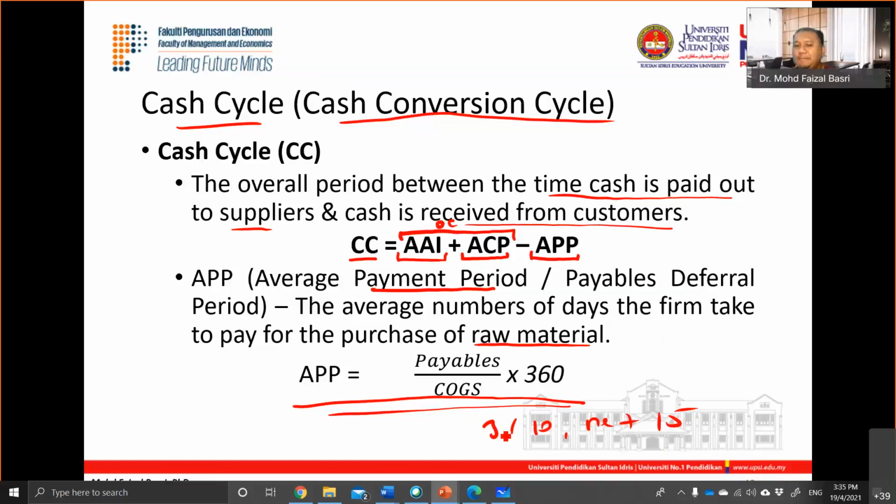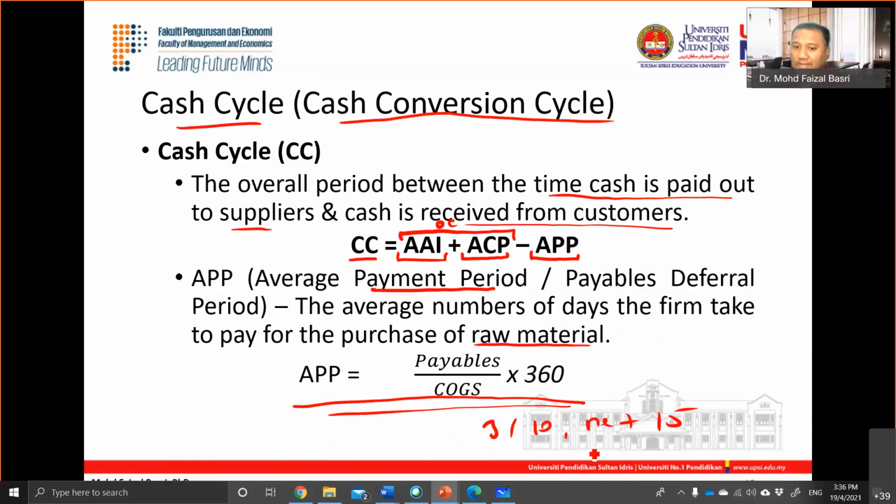Right? For ACP, we're going to assume it's 10 days, as before, like this. But for payables, in order to get the best cash cycle, we're going to delay. Okay, the payables, we're going to delay as late as possible.